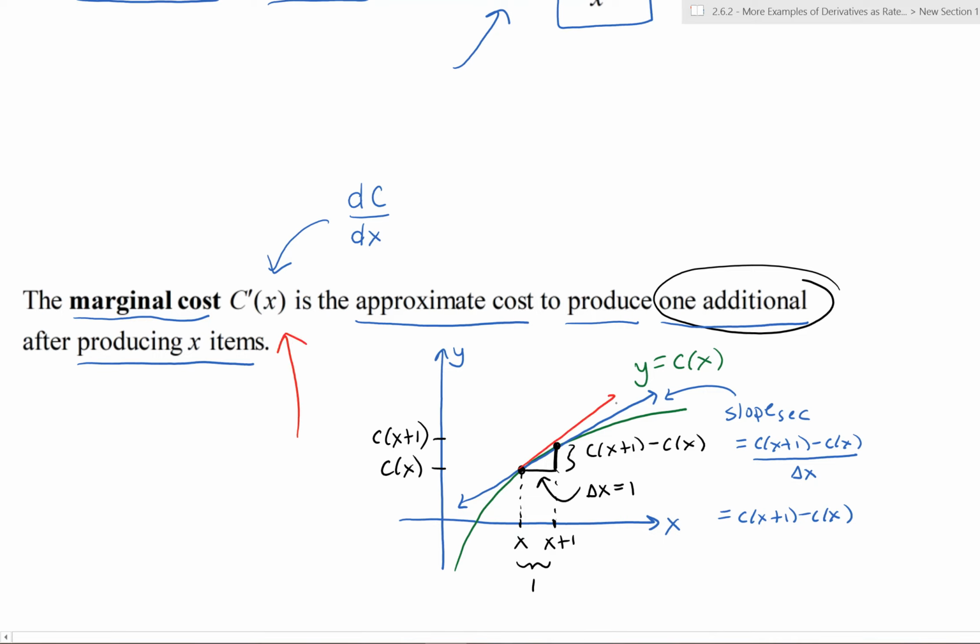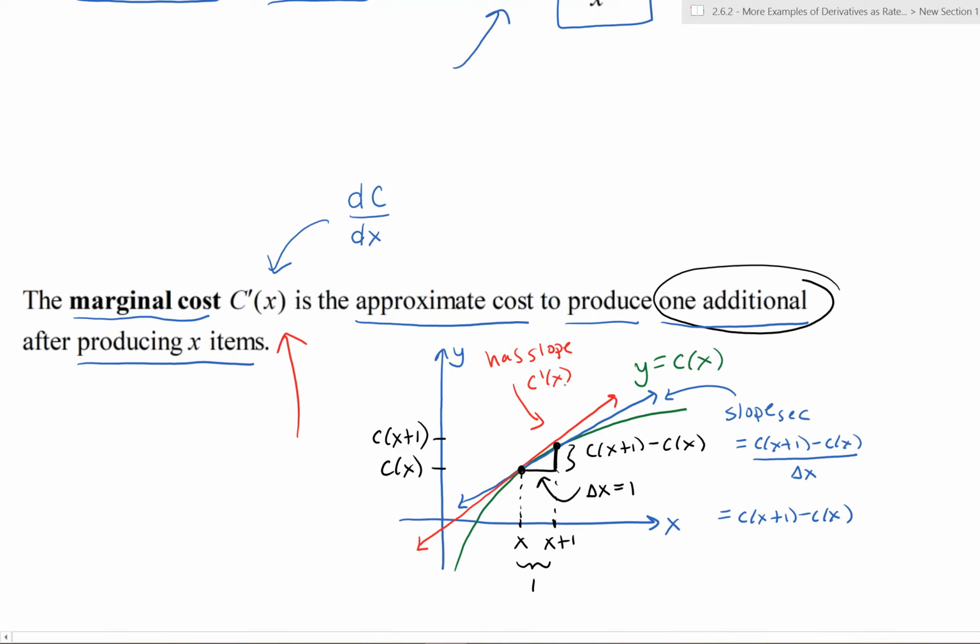And if I draw a tangent line there, like so, then we can see that indeed this tangent line here has slope C prime of x.